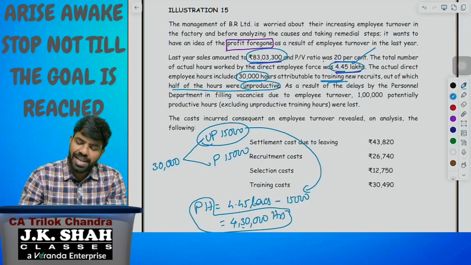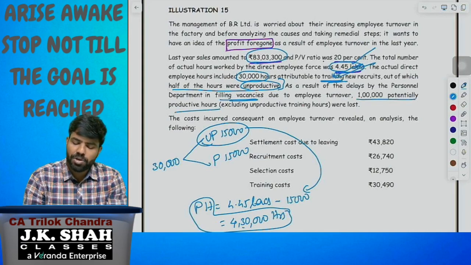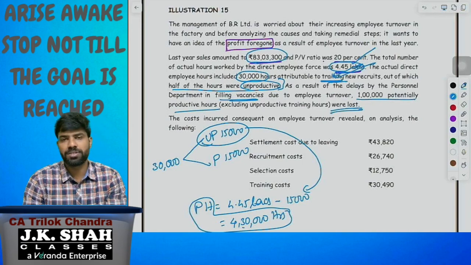As a result of delay. So the first point was regarding training people. Now they are giving the point regarding the result of delay in filling vacancies. As a result of delay by the personnel department in filling vacancies due to employee turnover, 1 lakh potentially productive hours, excluding unproductive training hours, were lost.